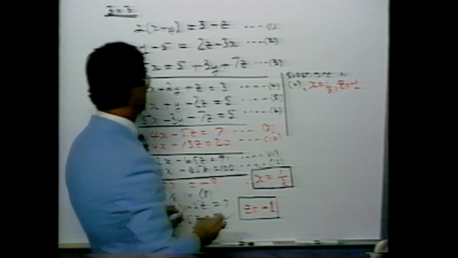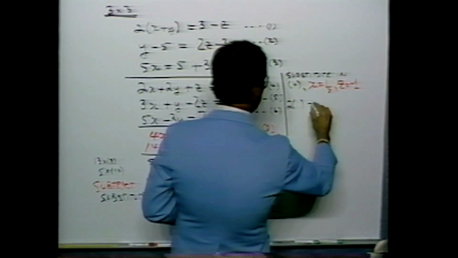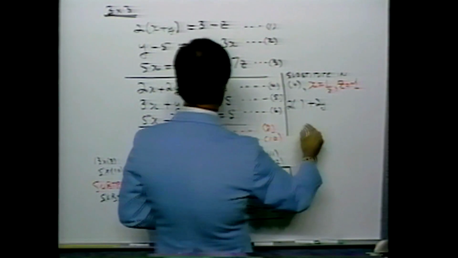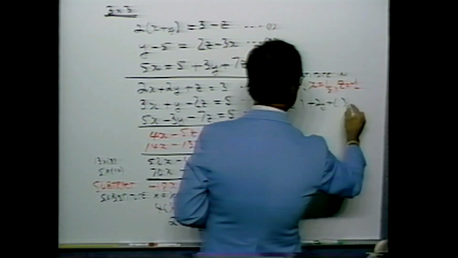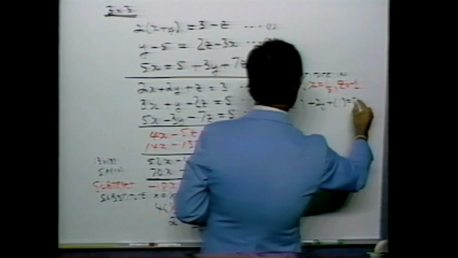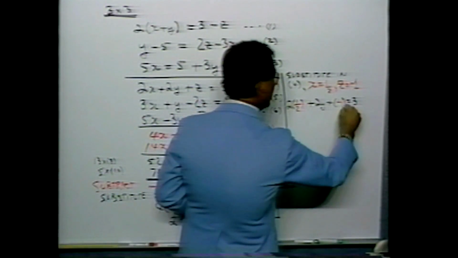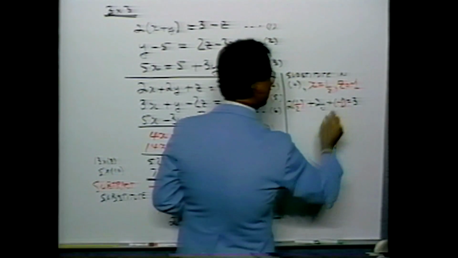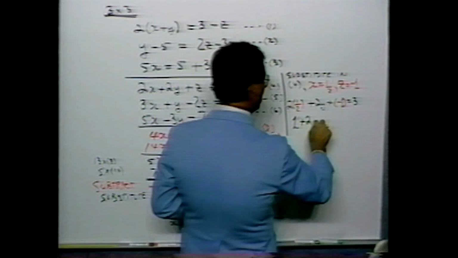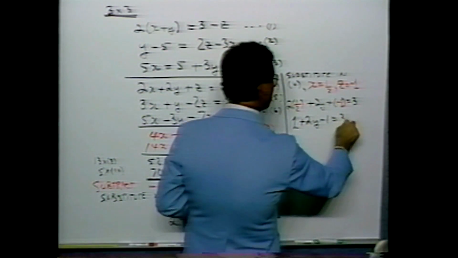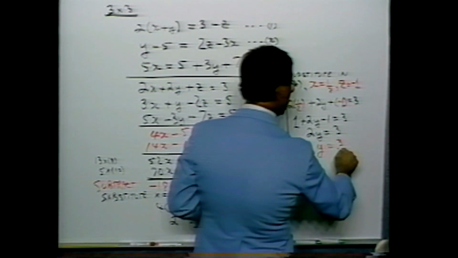The result is 2 bracket for x plus 2y plus bracket for z equals 3. 1/2 in here, -1 in there. Simplifying, we have 1 plus 2y minus 1 equals 3, and y is equal to 3/2.